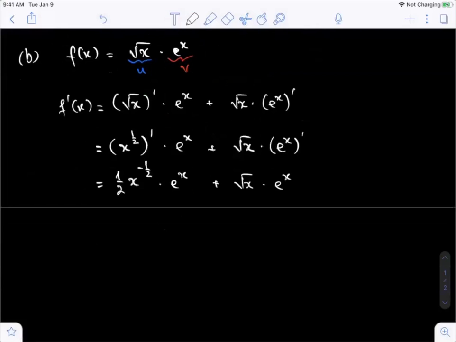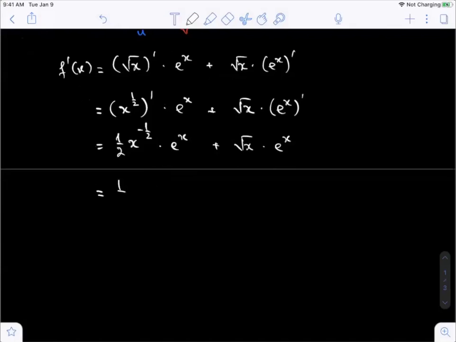Right. And if you want, you can turn the first term, x to the negative 1/2, to the positive exponent. So you do 1/2 times 1 over x to the 1/2 times e to the x plus square root of x times e to the x, all right?